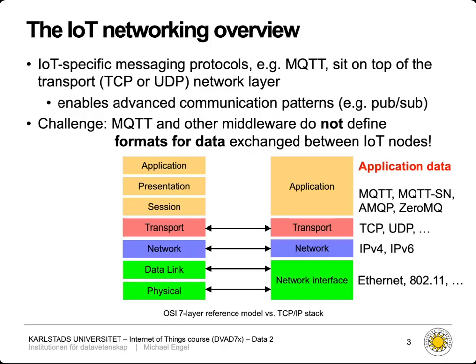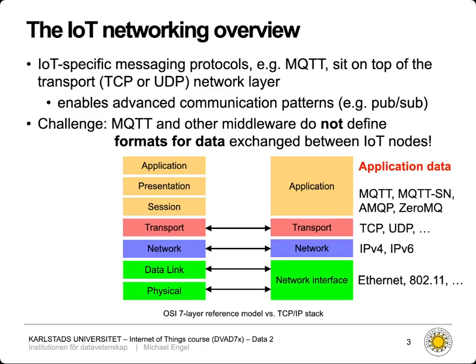So we've already seen this IoT networking overview before, and we've seen that essentially for many IoT applications, the three lower levels on the right-hand side form a TCP/IP-based network. So the network hardware layer, the network and transport layers are essentially unchanged. For very many applications, we really run a given hardware and wireless network protocol like 802.11 for wireless networks.